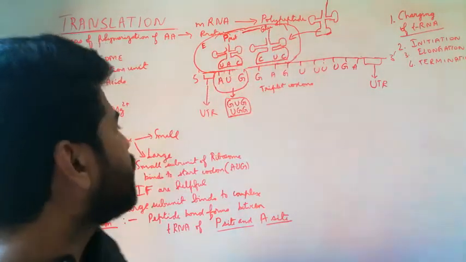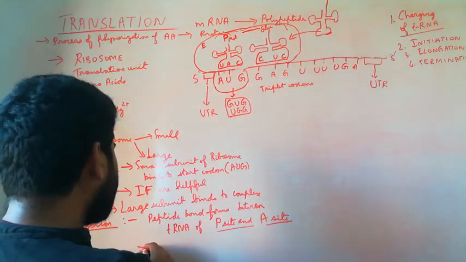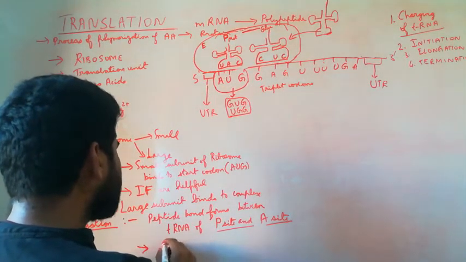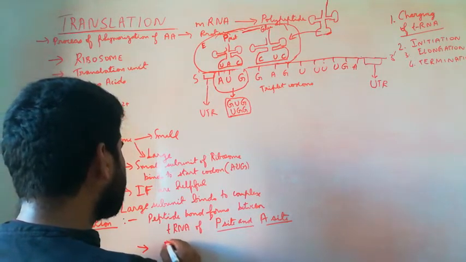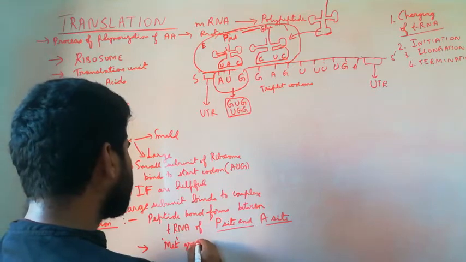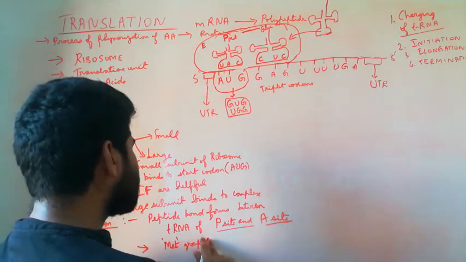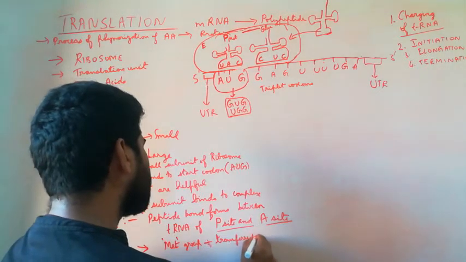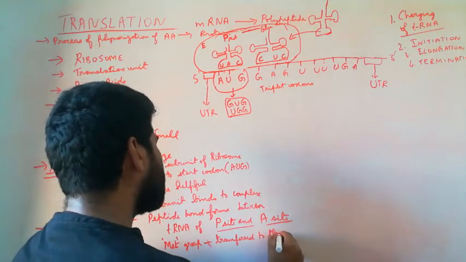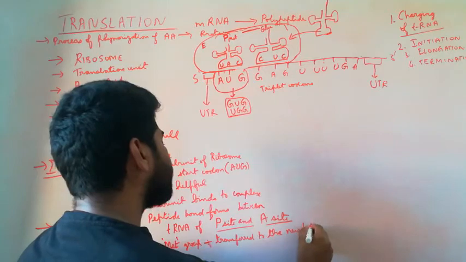So the bond is formed, and also once the bond is formed, the methionine group or amino acid is transferred to the new tRNA.